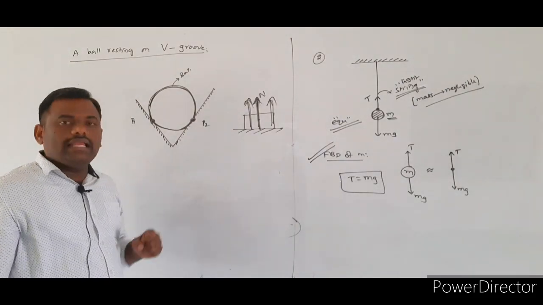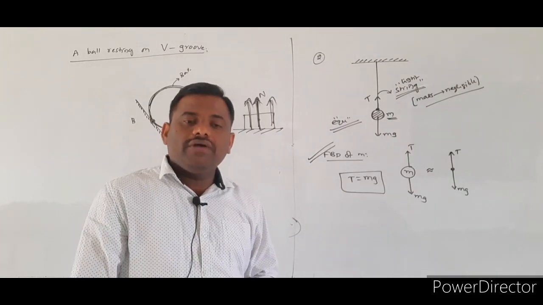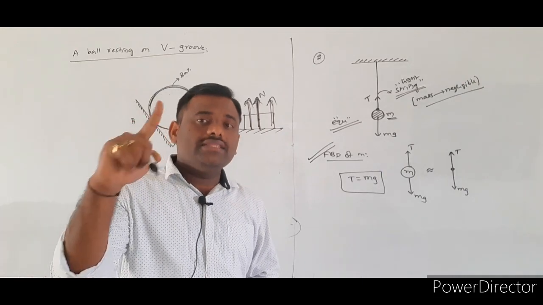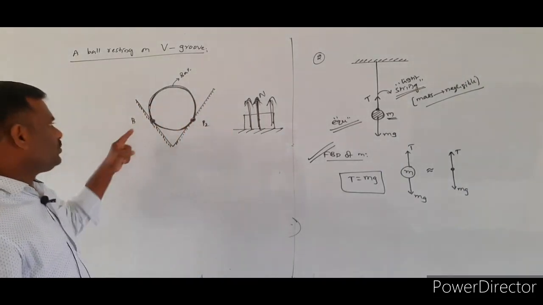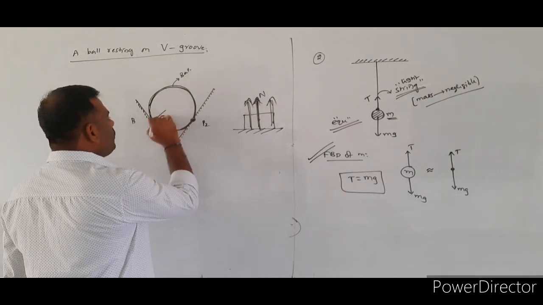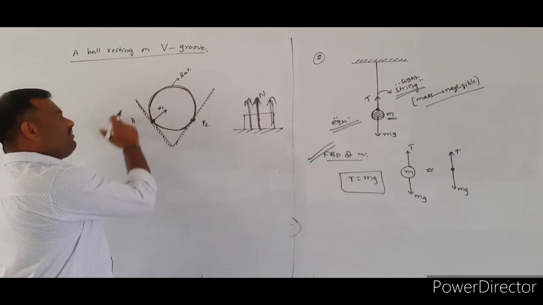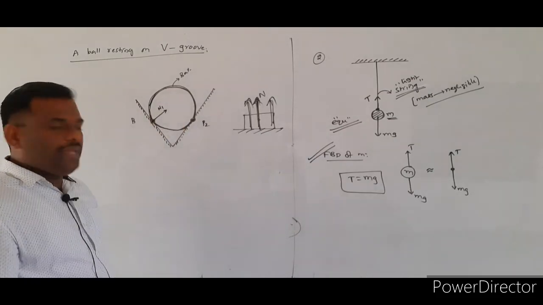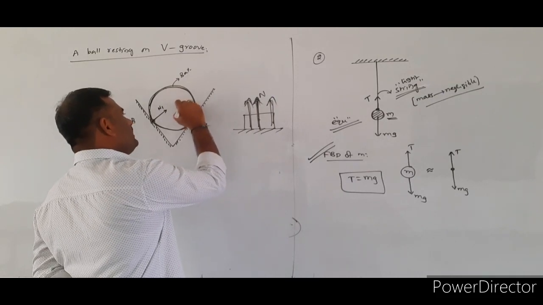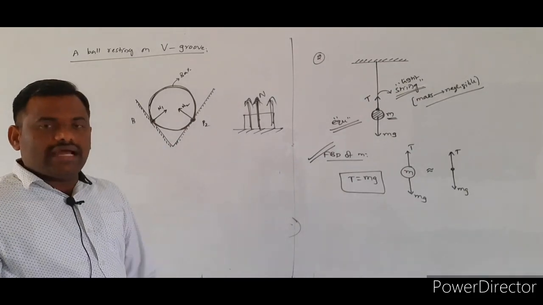Here we draw the normal reaction, which passes through the point of contact. The normal reaction will be passing through what? Point of contact. So this represents the normal reaction N1 for the point of contact P1, and this other surface is also exerting another normal reaction, that is N2.